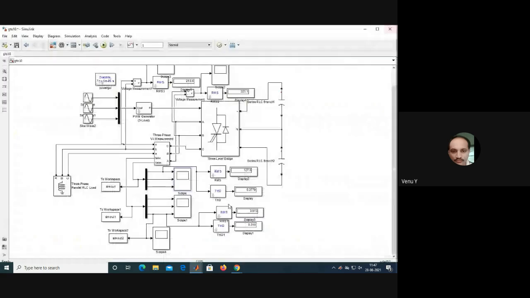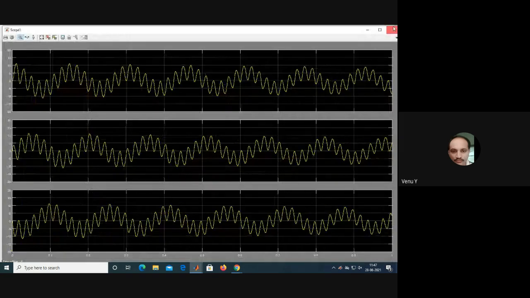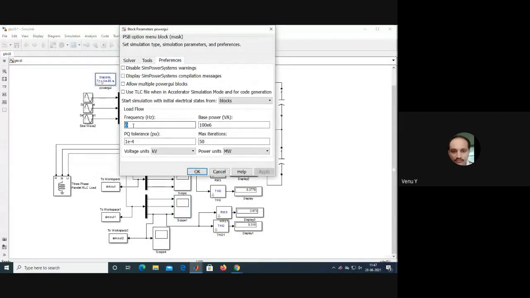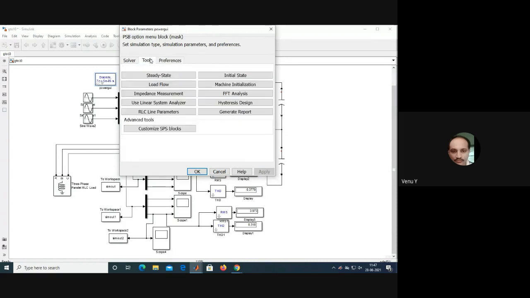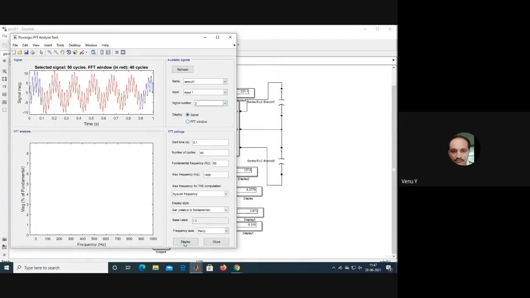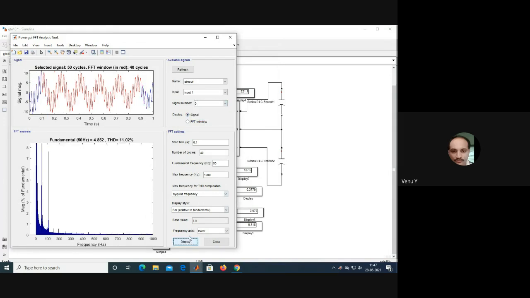You got voltage waveform and current waveform. Go for the FFT 50. 13.87, 10.58, second wave, third wave, 11.02. This is the current wave.